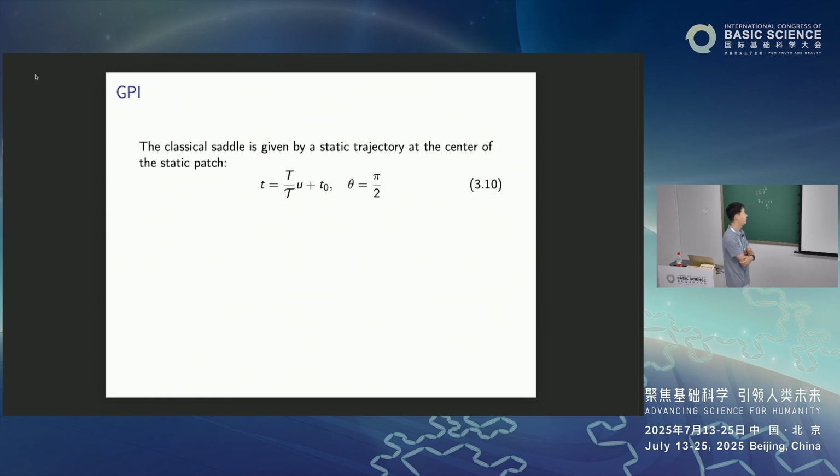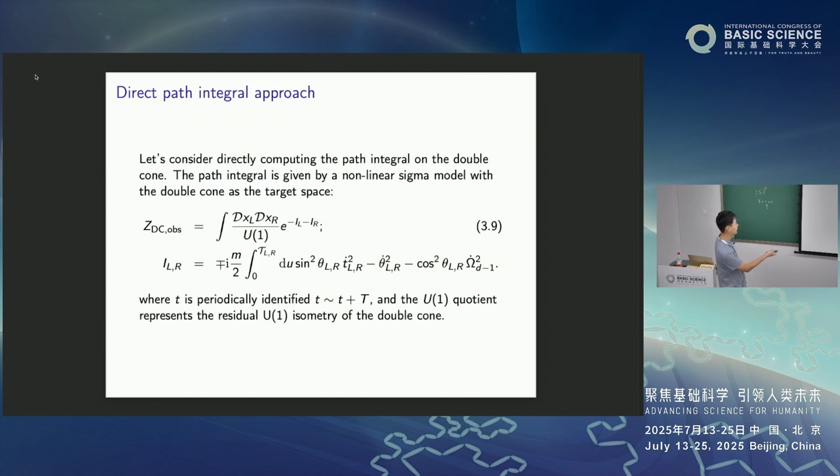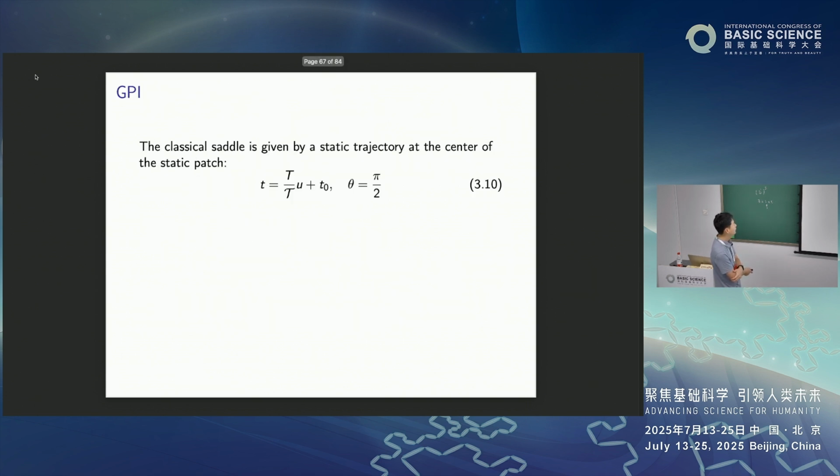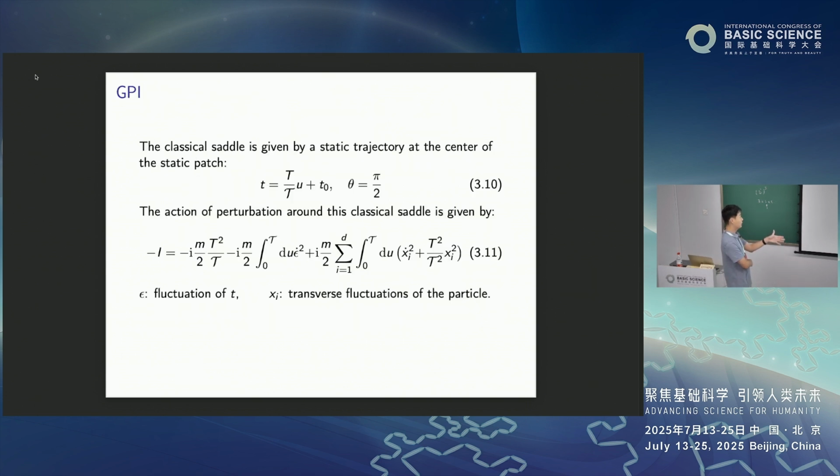So you can do this path integral. The saddle point is given by a static trajectory at the center of the static patch. Because the left and right actions are the same, let's just focus on the left. Now we can do a perturbation around this classical saddle. By working out the perturbation, you find the following quadratic action.